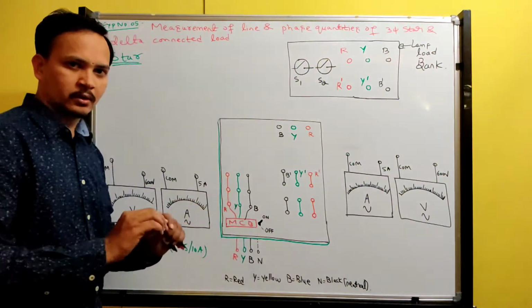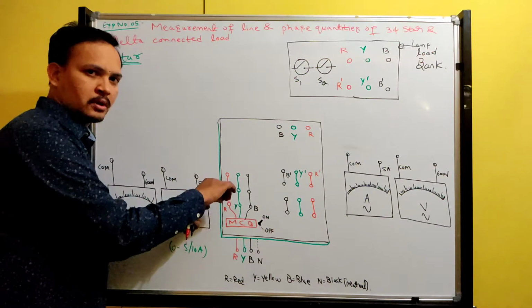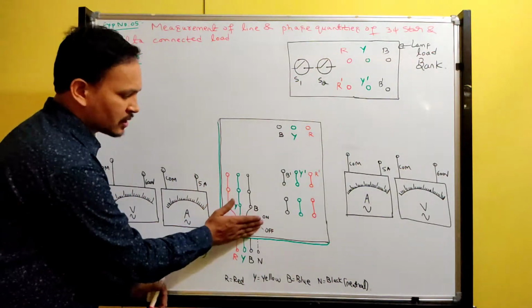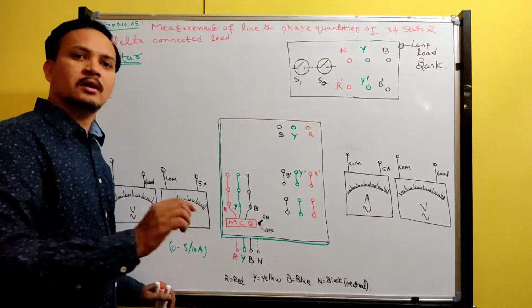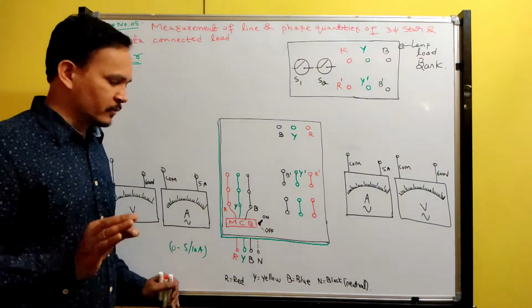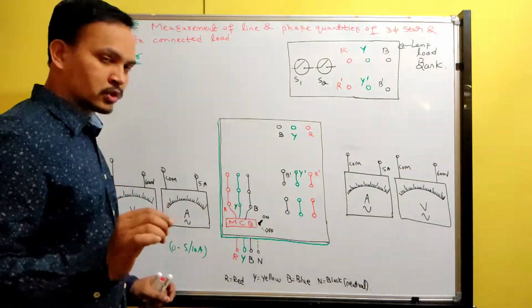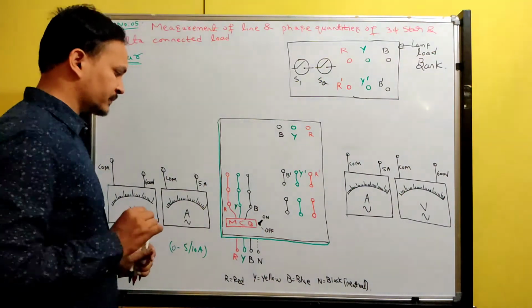There will be a toggle switch, so you can keep it either in on position or off position. But while doing connections, you keep the MCB in off position and don't connect these wires to the supply point. Okay, take a precaution. While working with AC supply, you should be very careful, and that is three-phase AC supply.